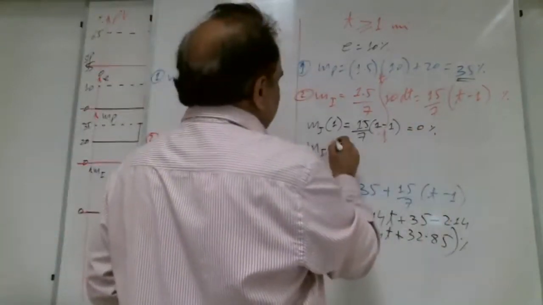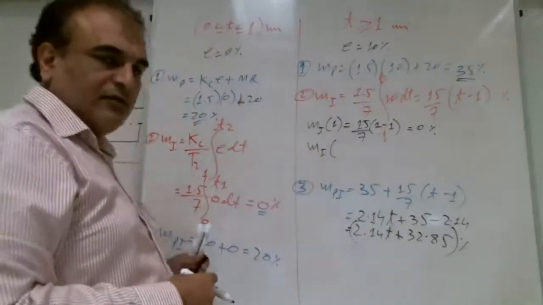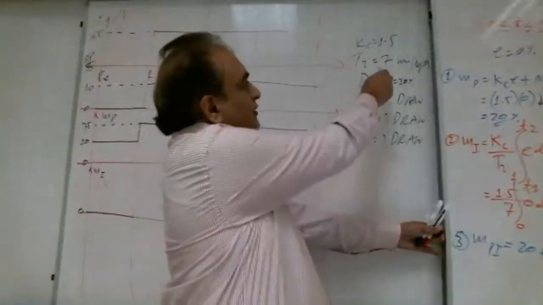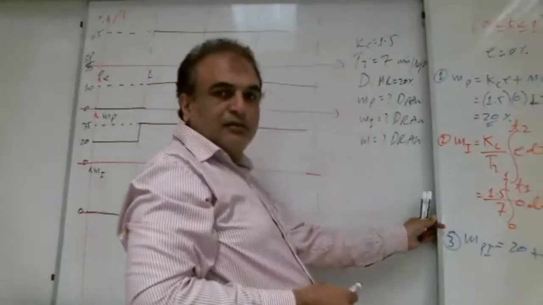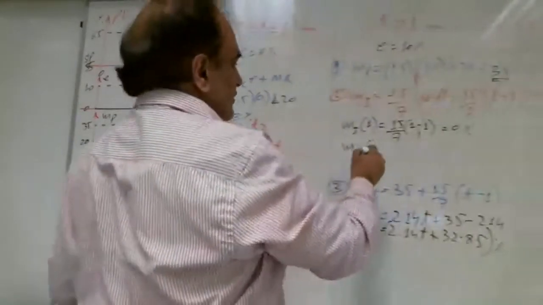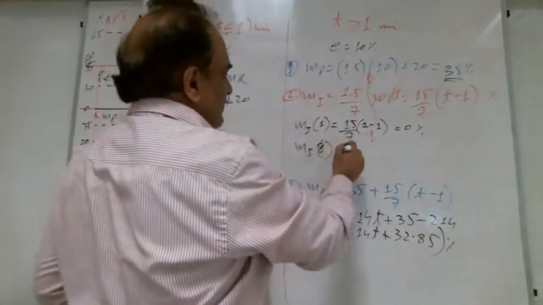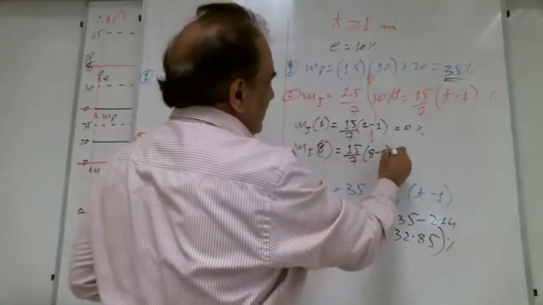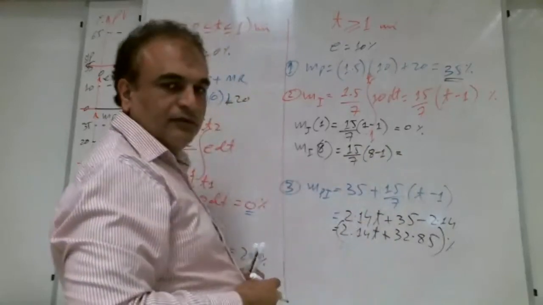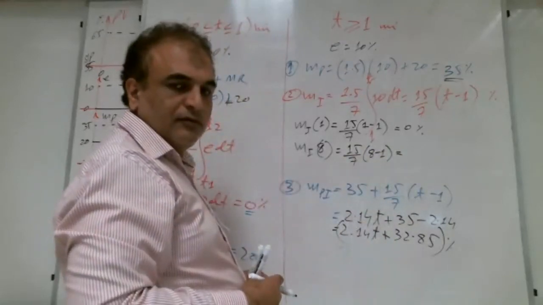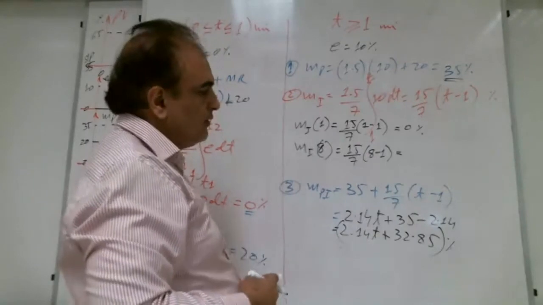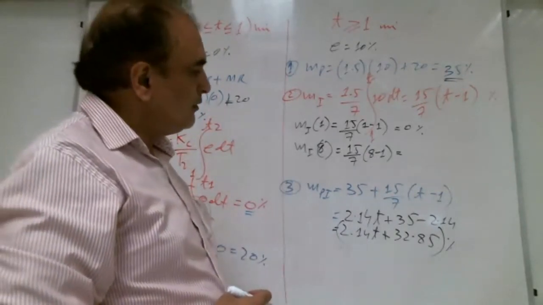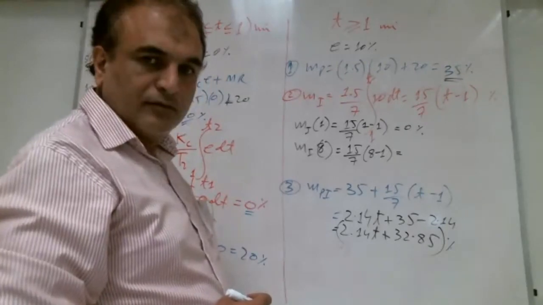And what is the second point? 1 plus 7, 8. So at 8, MI is 15 by 7, 8 minus 1, how much? 15.